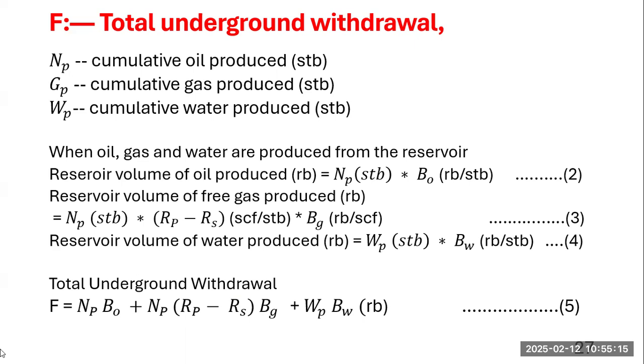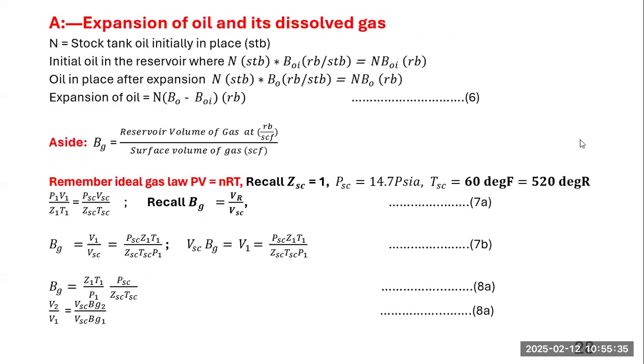So the gas produced is Np multiplied by (Rp minus Rs) multiplied by Bg, and this is the water produced. So this is oil, this is gas, and this is water, which is our F. This is equation 5. I hope you can see that.